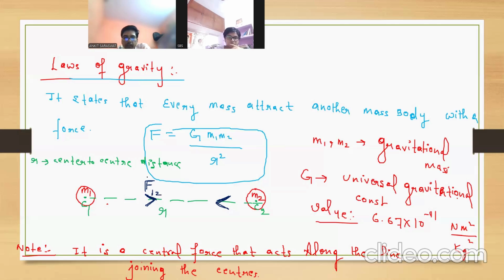Clear? Similarly, write a vector sign also. This is F21, force acting on the second body due to 1. And remember, this is the line joining center to center. It always acts along the line joining the centers.